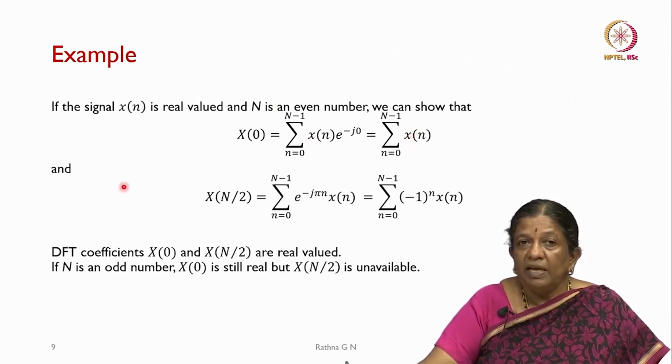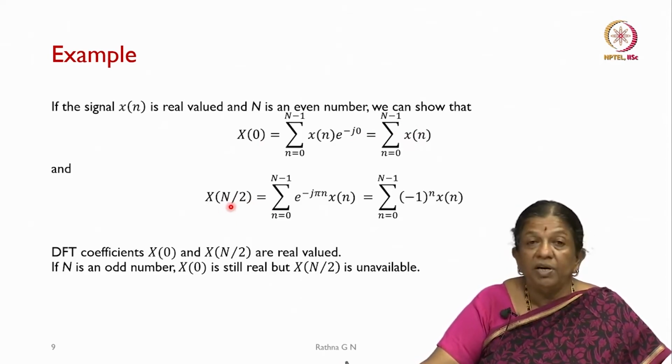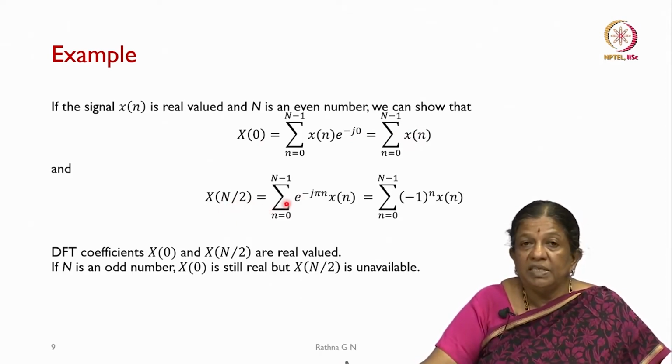And X of N by 2 is represented this way: the sum of e power minus j pi n into x of n. We know that e power minus j pi n is nothing but minus 1 to the power of n, times x of n.